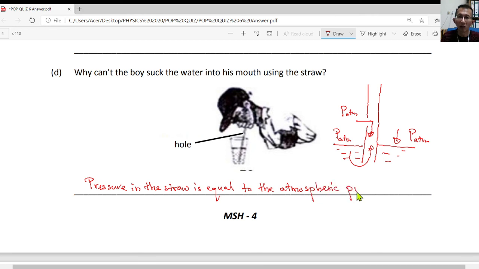So as you can see here, there is no difference in the pressure, meaning to say there will be no resultant force. So there's no way for the water to be sucked into the boy's mouth if there is a hole in the straw. Alright, so stop here first. We will continue later.